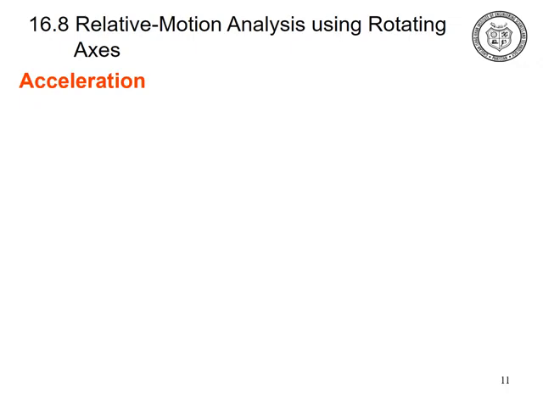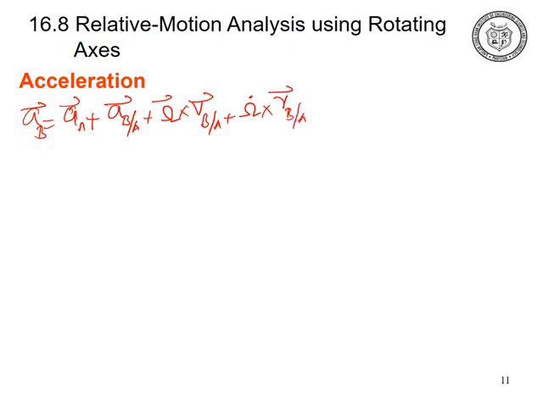So by taking omega as common, we can write this equation as aB equal to aA plus a of b with respect to A plus omega cross vb with respect to A plus omega dot cross rB with respect to A plus omega cross vb with respect to A plus omega cross rB with respect to A. So this is the equation that we derived.